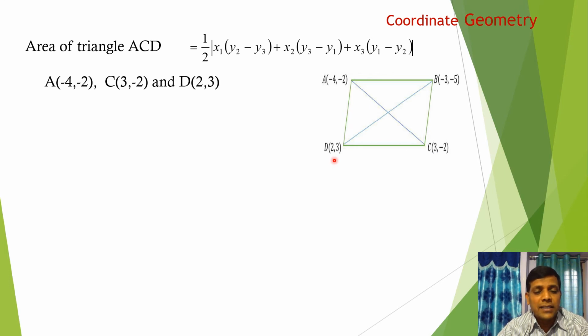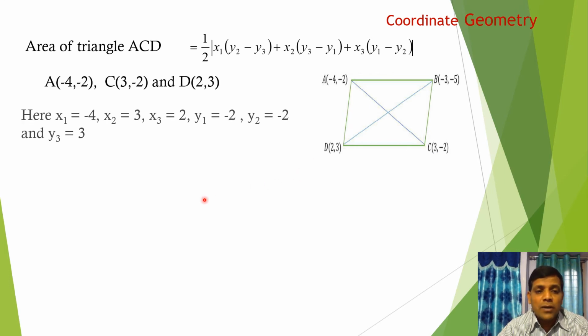Here x1 is equal to minus 4, x2 is equal to 3, x3 is equal to 2, y1 is equal to minus 2, y2 is equal to minus 2 and y3 is equal to 3. Replace the coordinates in the given area of triangle.